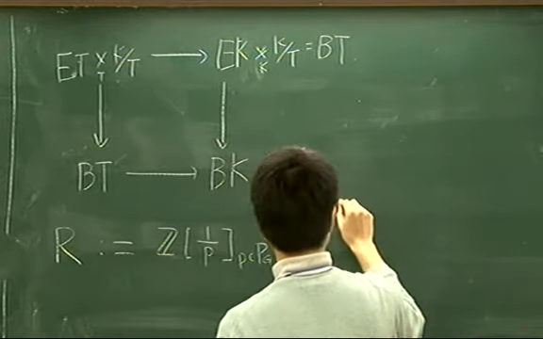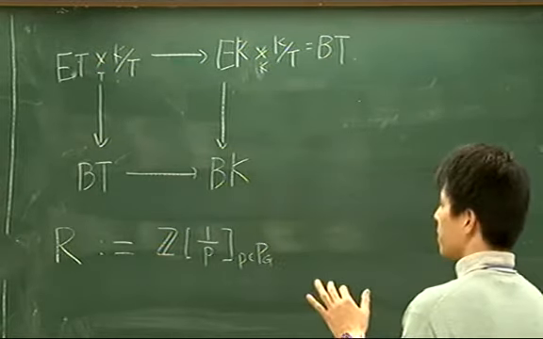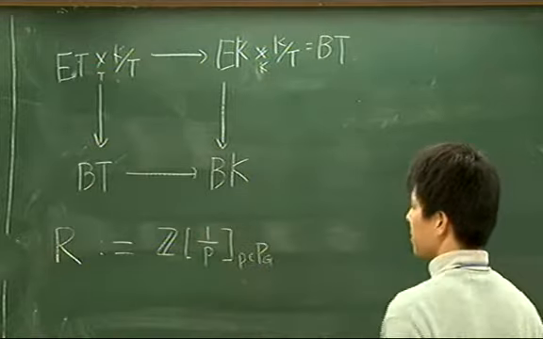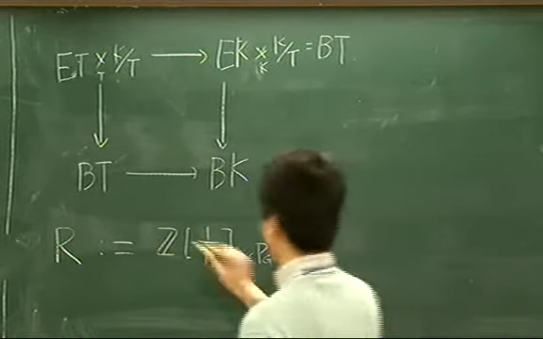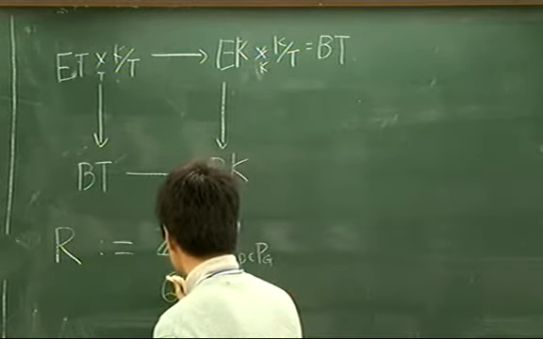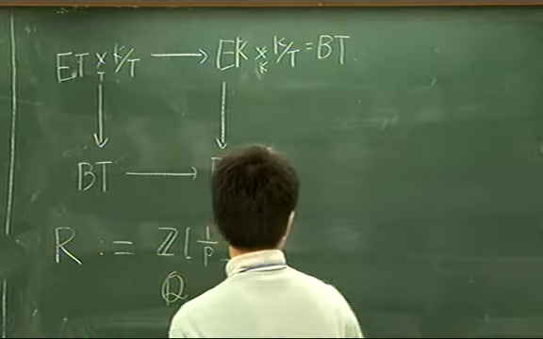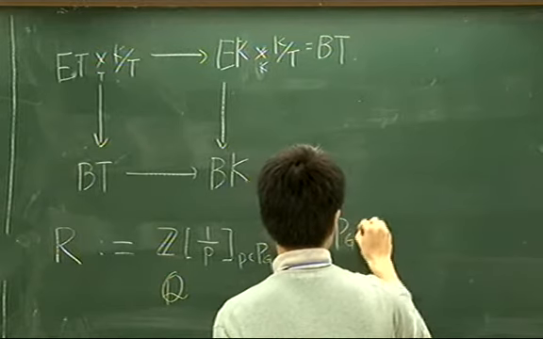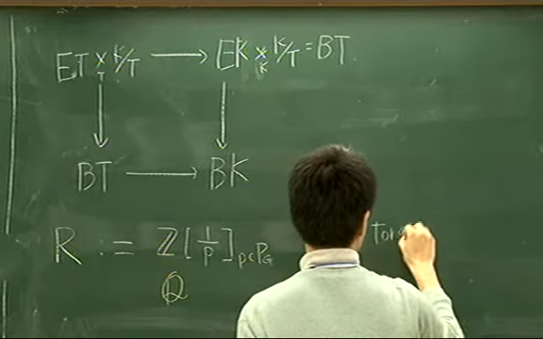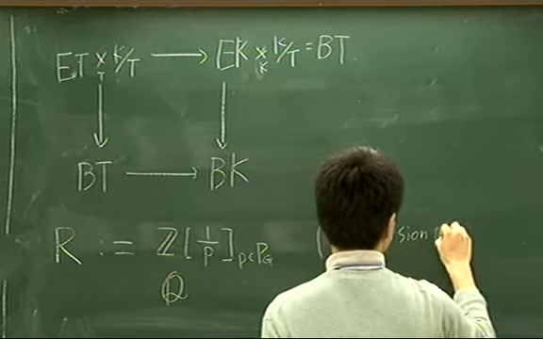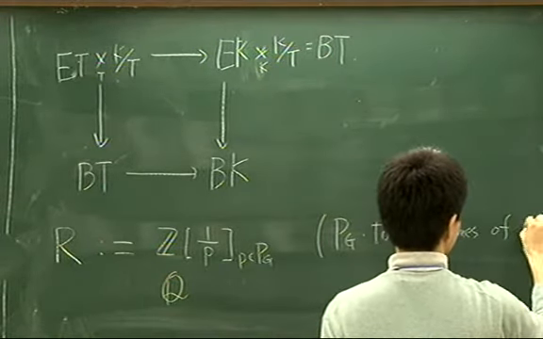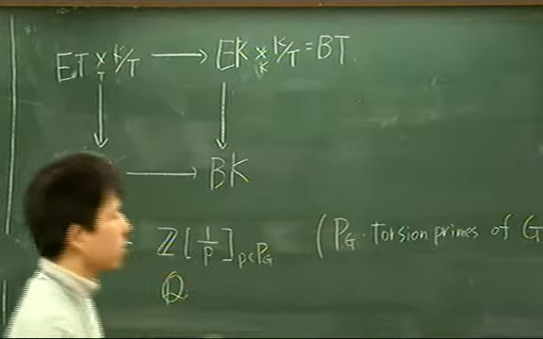Or if you don't want this kind of thing, then you can just take this thing as Q. Here P_G is the torsion prime, and it is completely known.